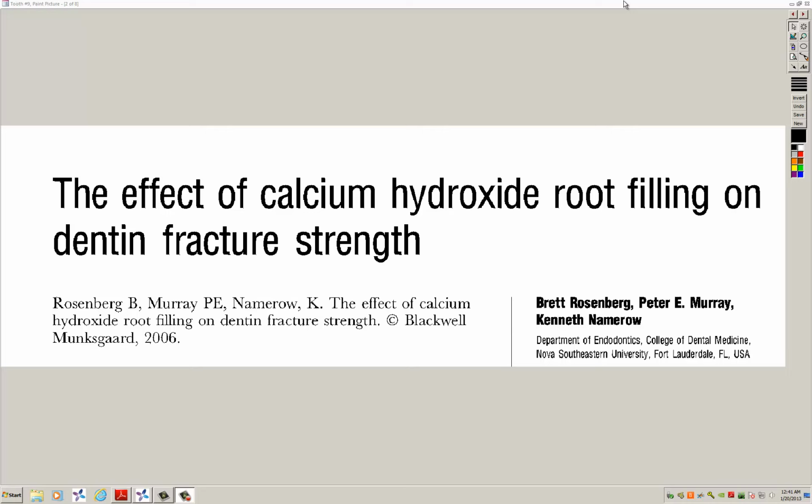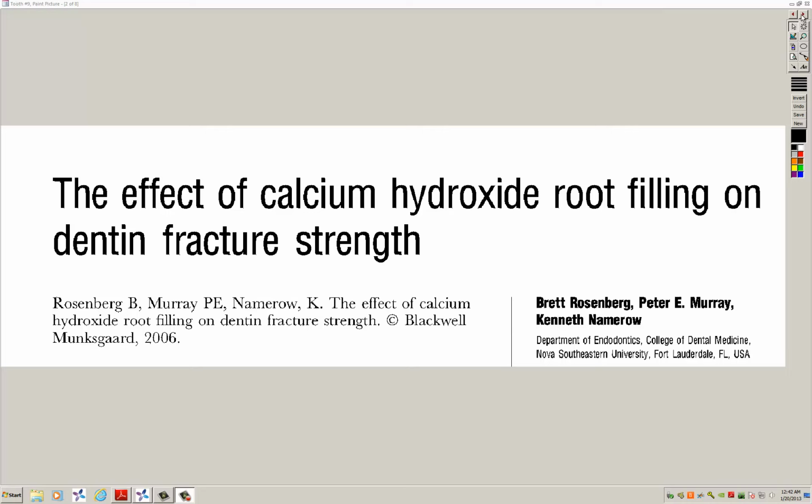There are so many variables in root fracture. It is simply ludicrous to assign an effect to calcium hydroxide in root fracture when there are so many other variables. But what we can do is measure a probability between either having calcium hydroxide and not having calcium hydroxide.